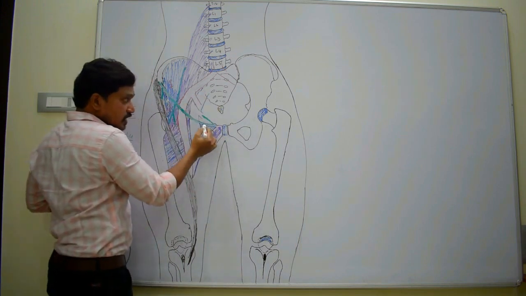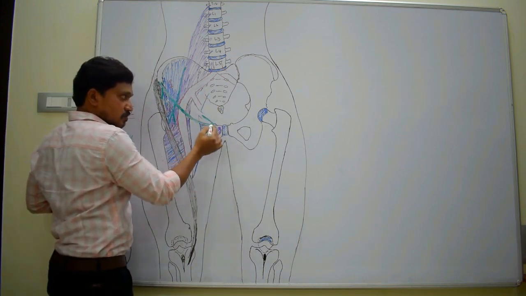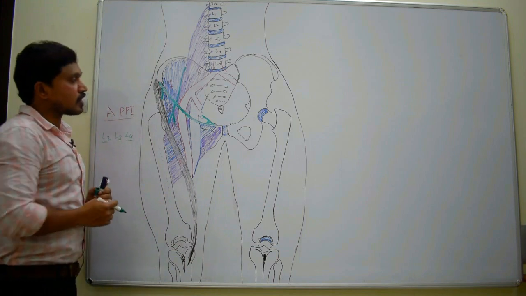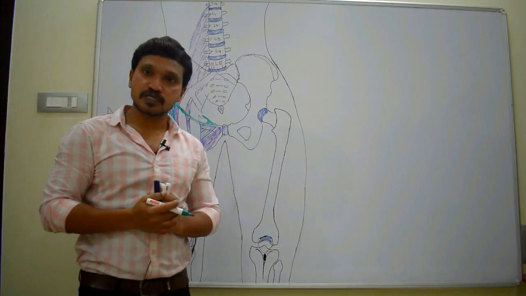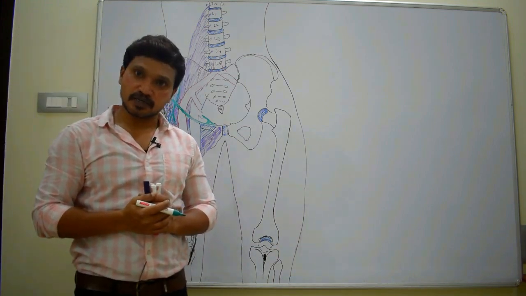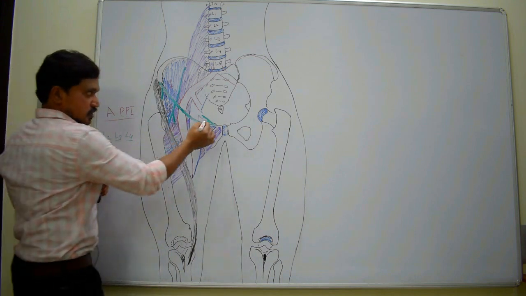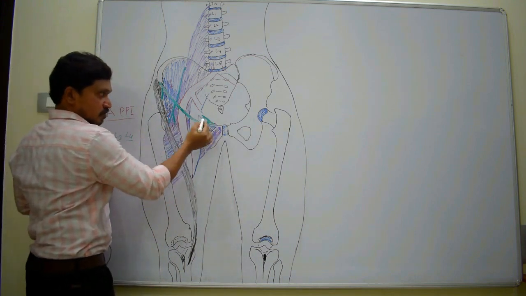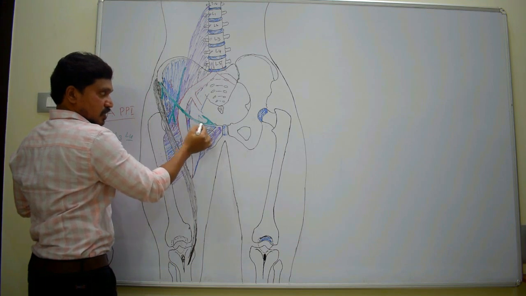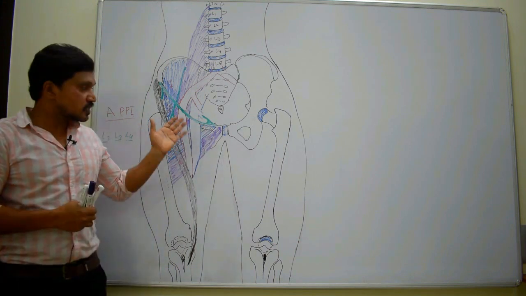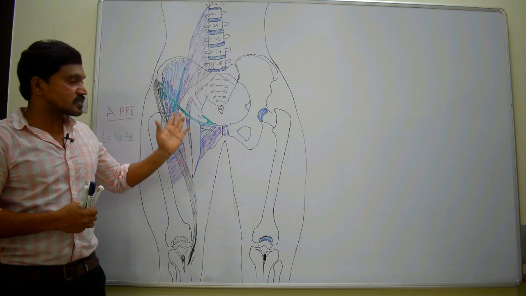In between the inguinal ligament proper and the pecten pubis, here you can see one triangular ligament. This triangular ligament, what we call lacunar ligament. Remember this. So here lacunar ligament is there. And what is this ligament? Pectineal ligament. And what is this ligament? Inguinal ligament.